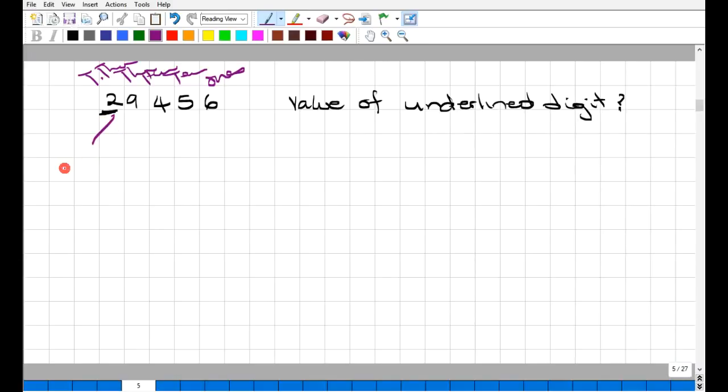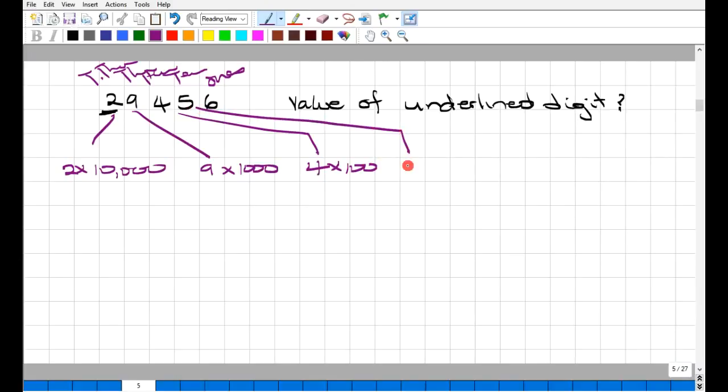So place value would say this is 2 times 10,000. This would be 9 times 1,000. Or 4 would be 4 times 100, 400. Or 5 would be 5 times 10. And finally, 6 is 6 times 1.